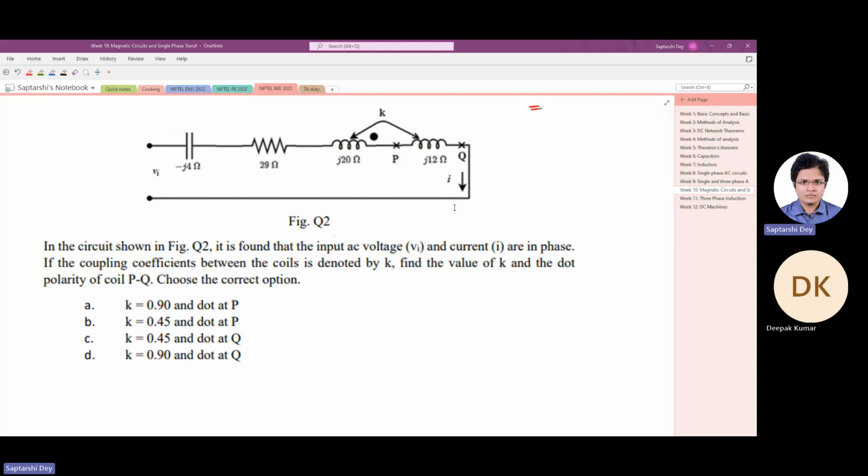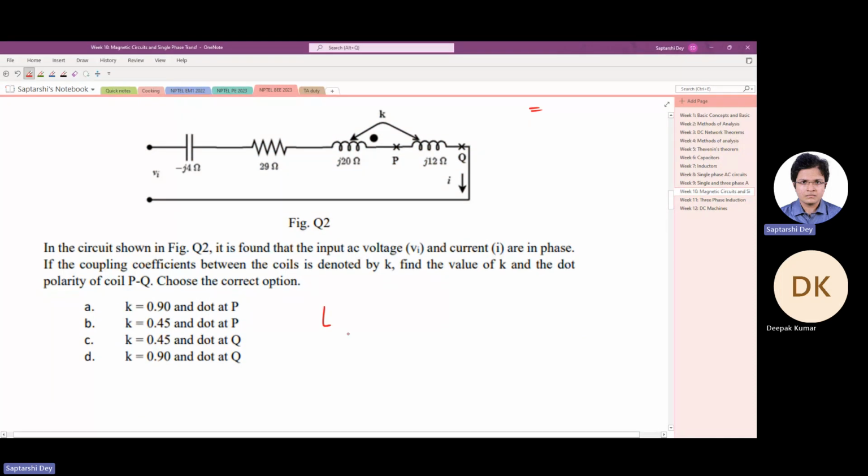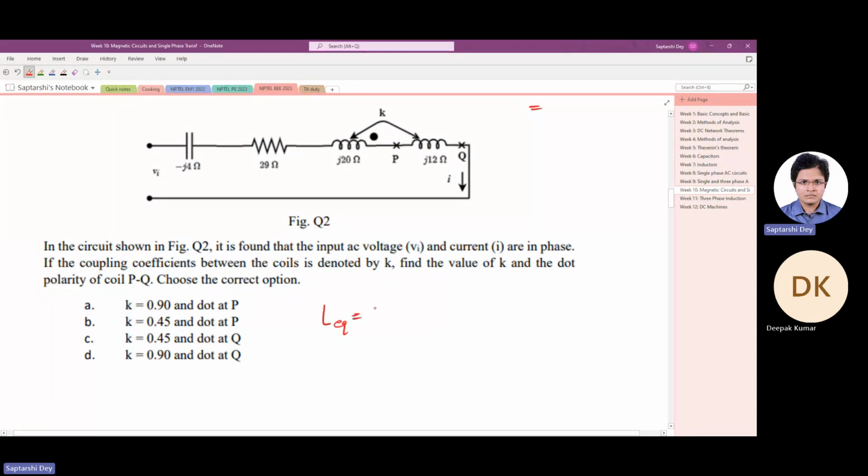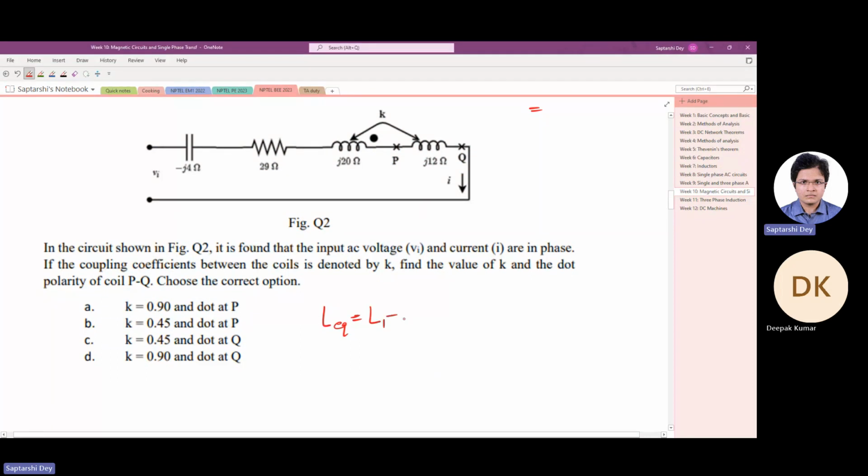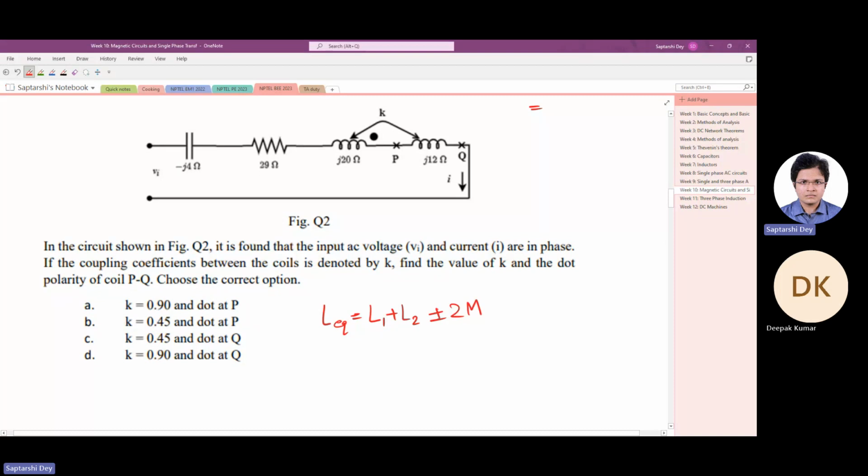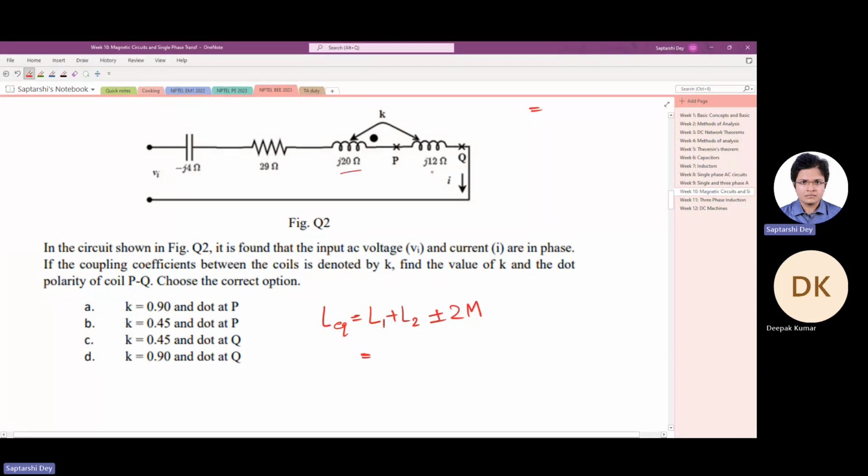Now they are in series. The inductors J20 and J12, they are in series. So we know that in such a case, the equivalent inductance becomes L1 plus L2 plus minus 2M, depending on whether they are aiding or opposing each other's flux. Now, how much are L1 and L2? They are J12 and J20.